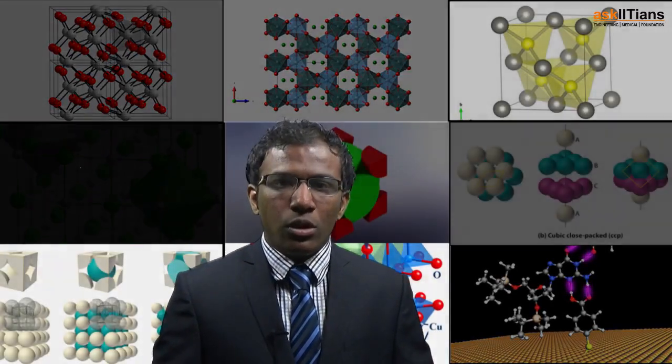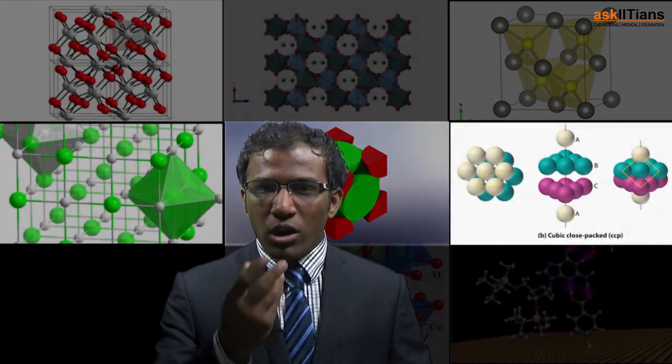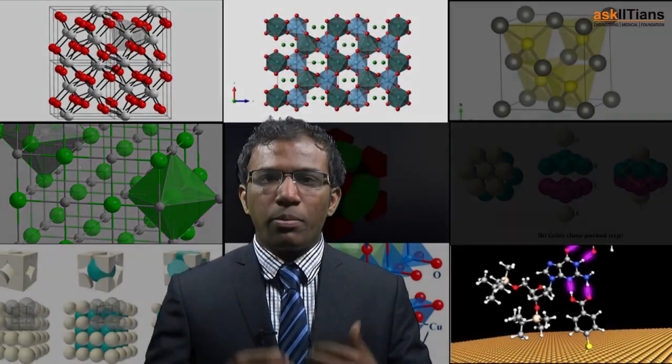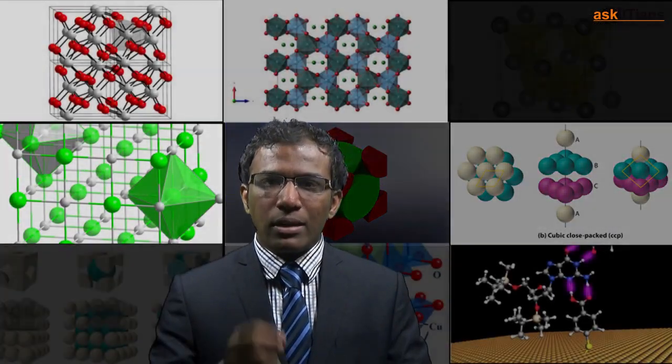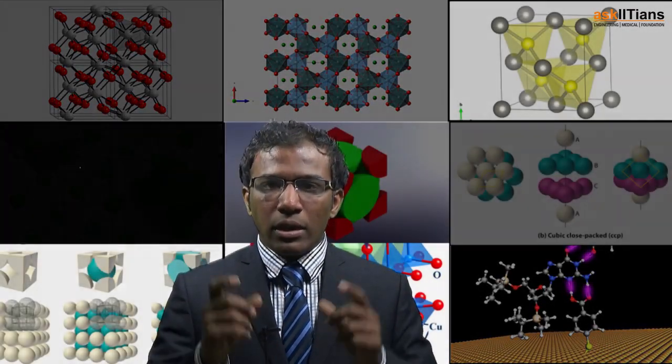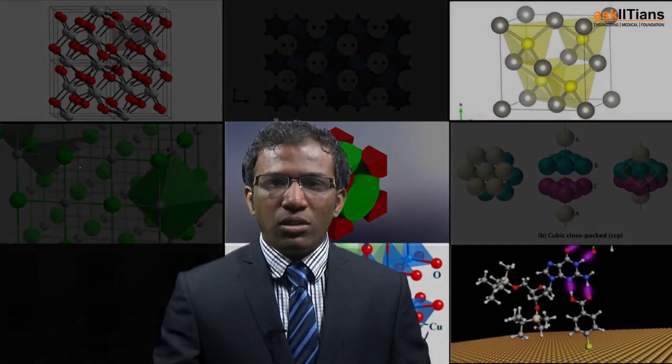In our next part, we are going to discuss the voids, as we discussed in the previous part about tetrahedral and octahedral voids. Let's locate the tetrahedral and octahedral voids in a unit cell. So keep watching for my next part.